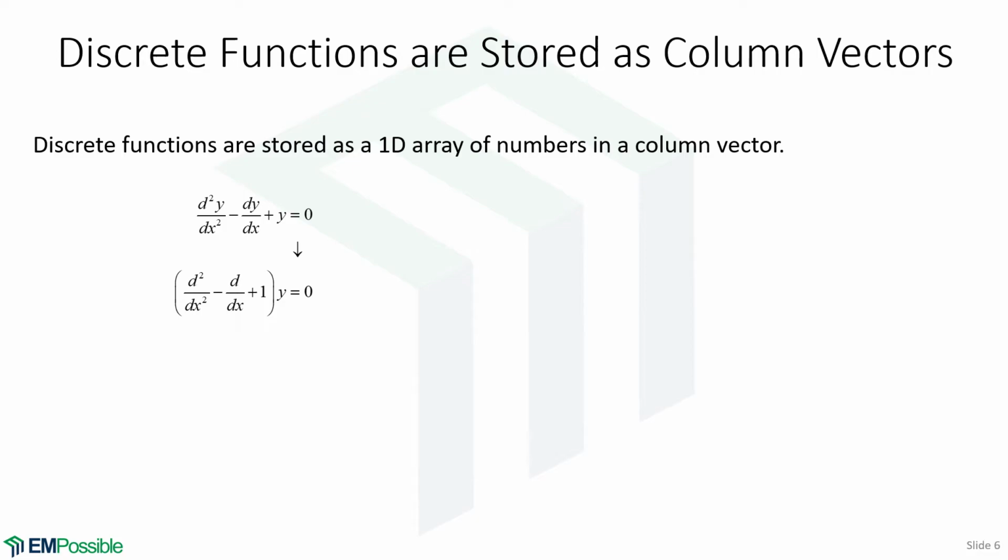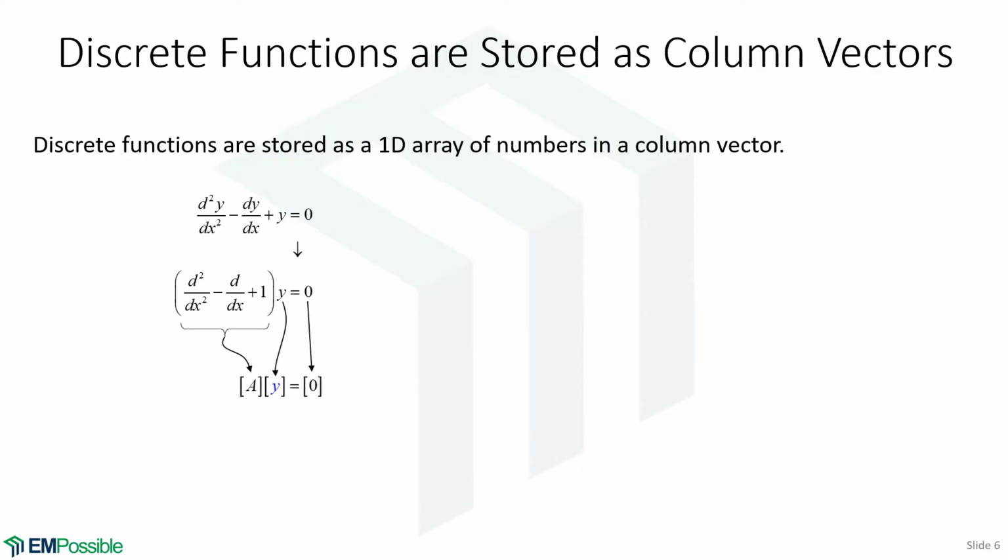The last concept before we move on is that we are storing our discrete functions as column vectors. So we will take our initial differential equation and now imagine factoring out the y. So we have all of our differential operators lumped into this parenthesis here, and we have our unknown function y and then a bunch of zeros over to the right.